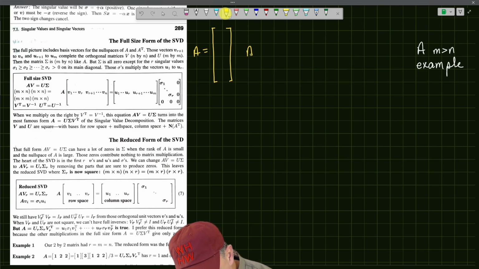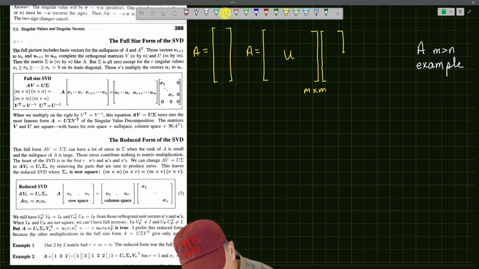So in this case, A would be U, and U would be M by M. This is the U matrix. And then the sigma matrix is the same size as A. That's M by N. This would be sigma.